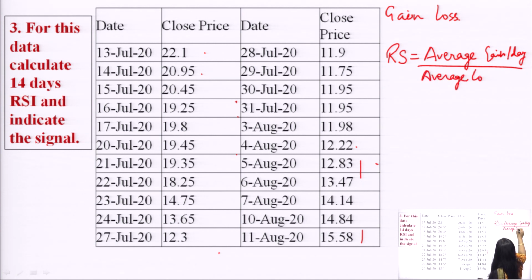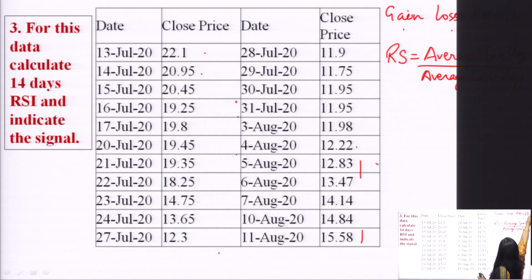So, what is the methodology? How will we calculate this RSI? We will calculate gain per day and loss per day for all these days. These are around 23-24 days. We will calculate for each day, and then we divide. We take a sum of all the gains for 14 days, since RSI is always calculated for 14 days.